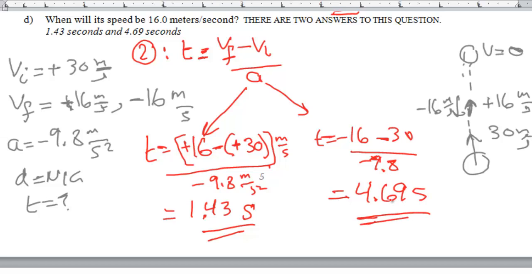Okay, so we got two answers here that represent the time. So it will take 1.43 seconds for it to reach 16 meters per second on its way upward. Then after that, it will take 4.69 seconds to reach the same speed, 16 meters per second, but now it's downward.